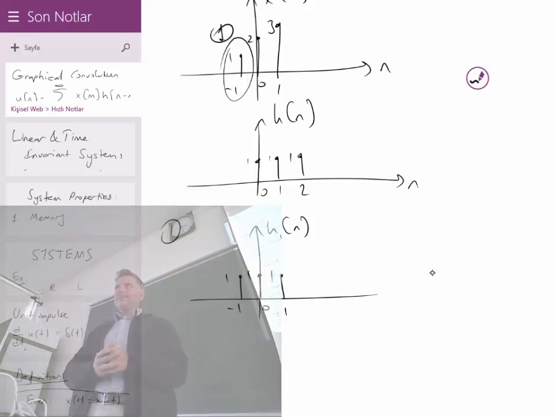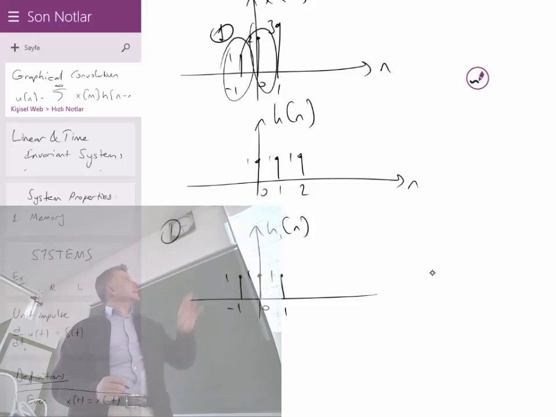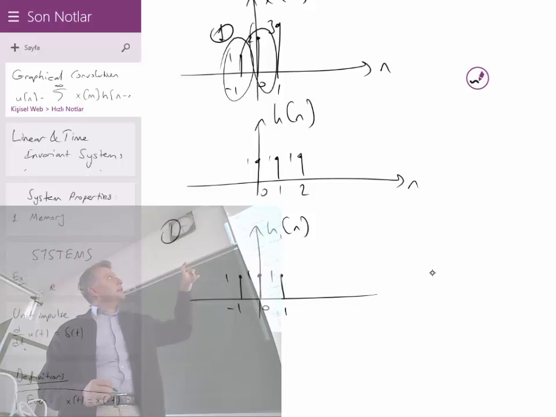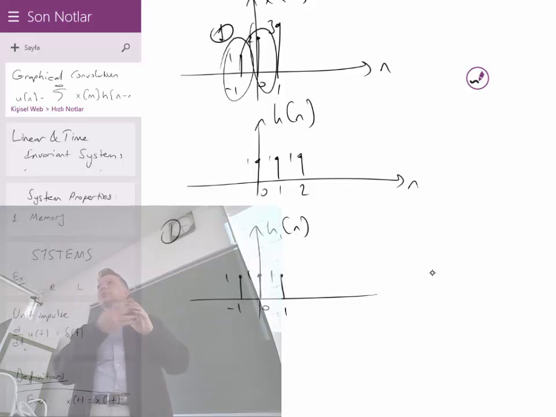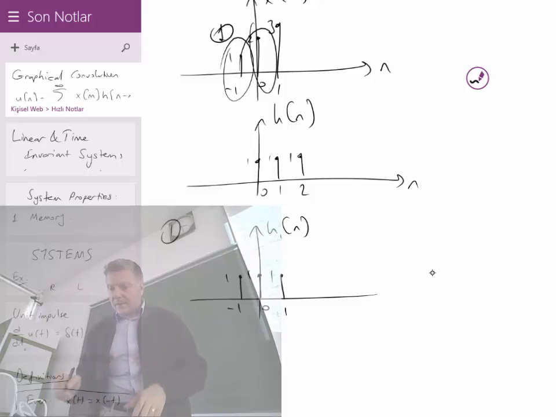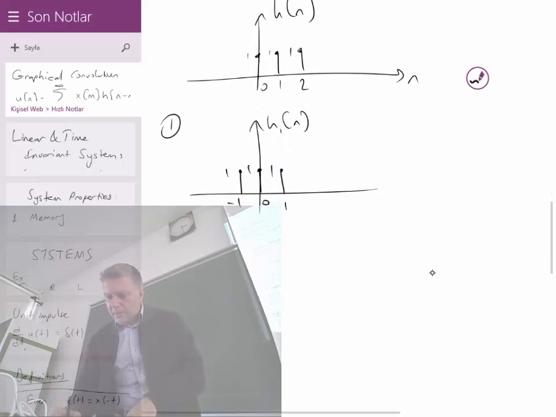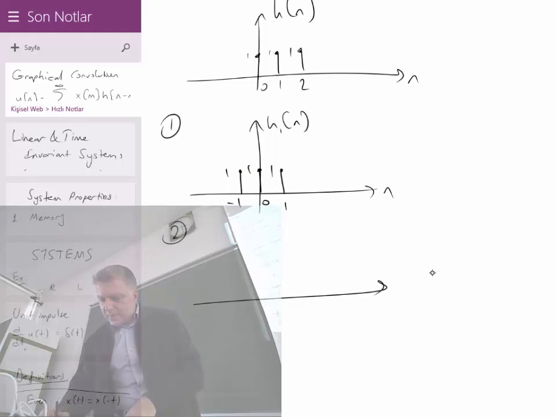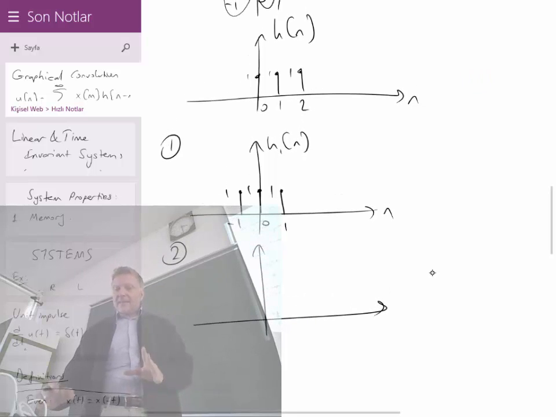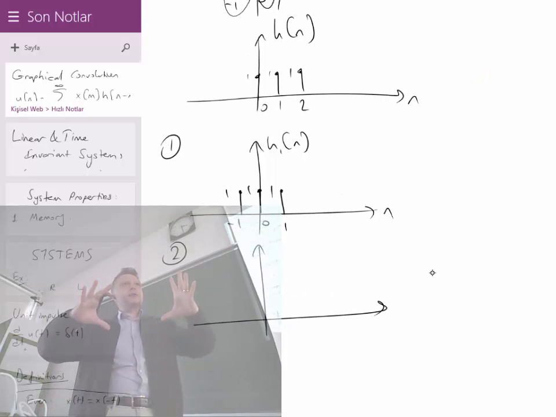Is that okay? Okay. Now, what is the second impulse? It is here, the central one. And the scale is 2, but there is no shifting in time. So we don't go to the left or to the right. Let's call it 2. The 2 will produce, at the same position, h of n but scaled by 2.